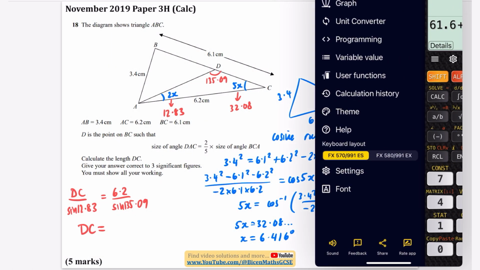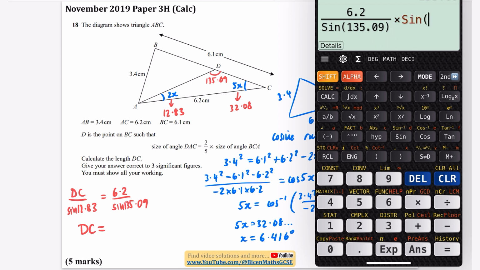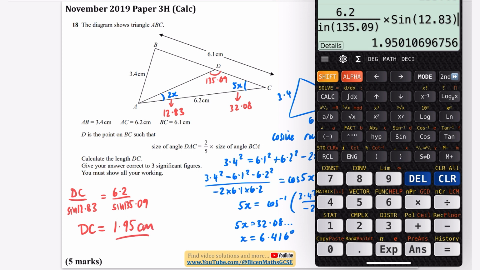I'm going to do the division, and then I'll multiply it by the sine of 12.83. So that is 6.2 over the sine of 135.09 multiplied by the sine of 12.83. And we get that DC is, to three significant figures, 1.95 centimetres.